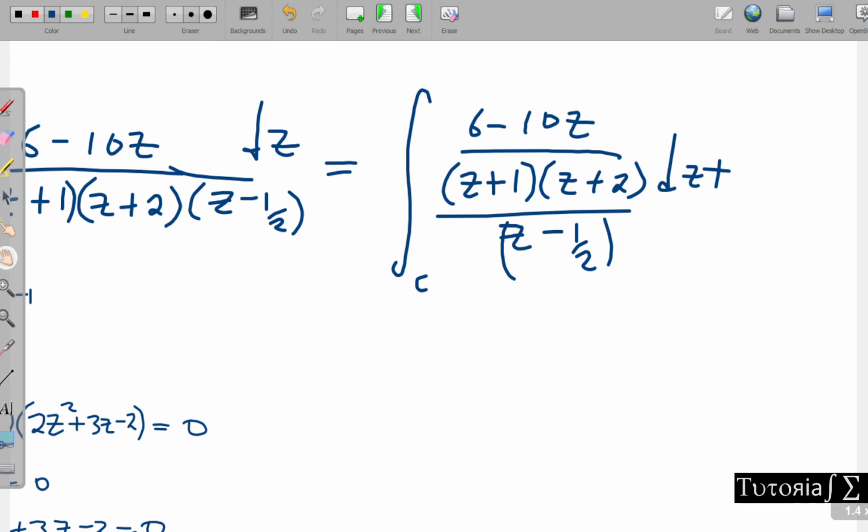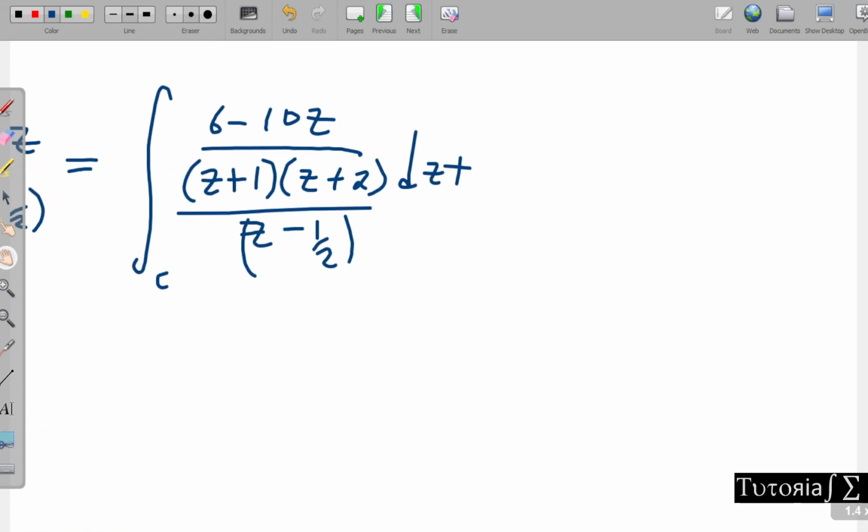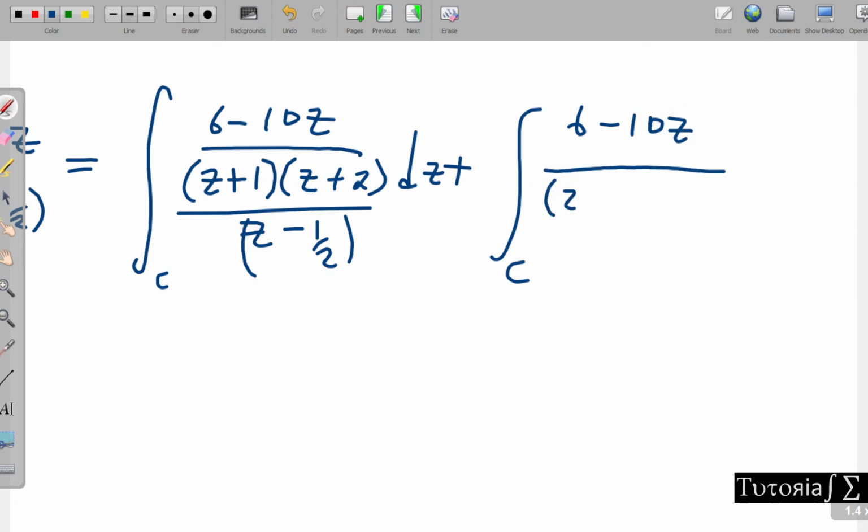So plus the other one, those that have written, so plus the integral along C of 6 minus 10z all over z plus 1 times z minus half, then divided by z plus 2, dz.